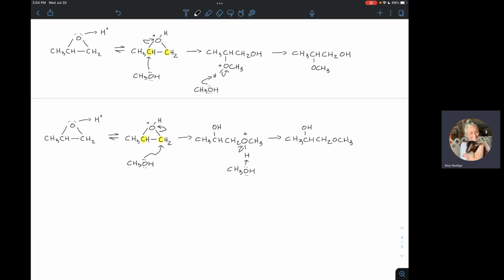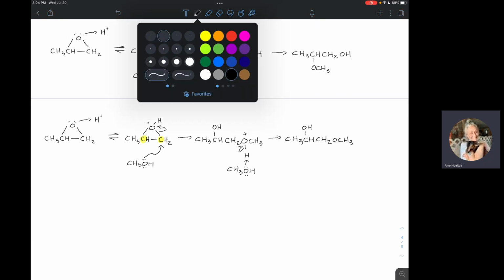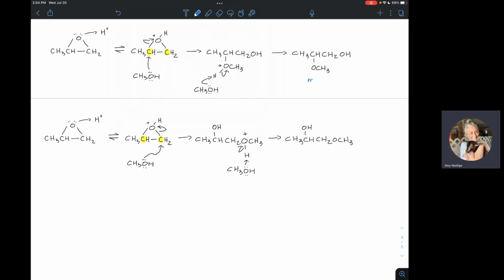One of these is going to be the major product, and the other one is going to be the minor product. The major product is going to come from attacking the more highly substituted carbon. So this right here will be the major product, and this will be the minor product.